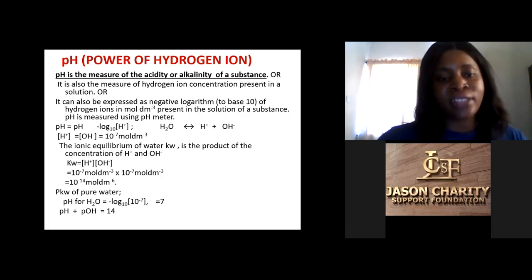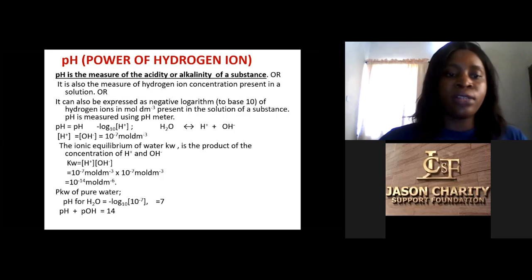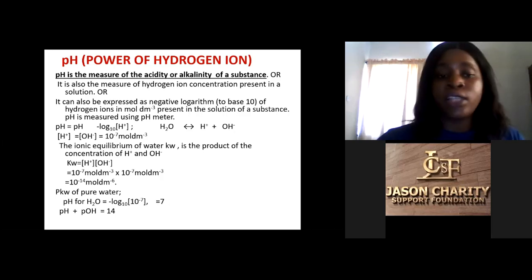The dm cube, as you can see, is actually squared. Each concentration in pure water is 10 to the power of negative 7. So therefore, pH plus pOH will also give us 14.